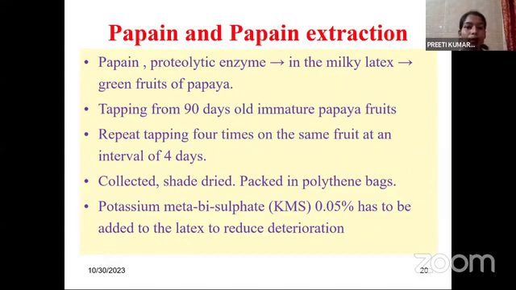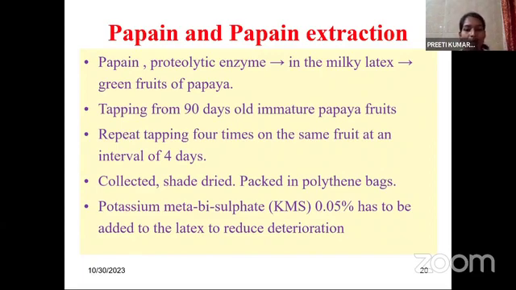So coming to papain and its extraction. Papain, a proteolytic enzyme, is a milky latex from green papaya fruits. When we harvest or scratch a papaya, some white liquid comes out. That is papain. Tapping is done from 90-day-old immature papaya fruits.